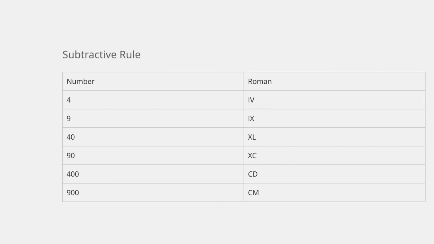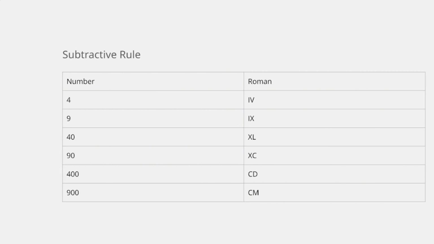Now let's think. If I give the number 58, how will you form the Roman numeral? At first you will take the biggest possible value, right? 58 is bigger than 50, so we take L. Now the remaining is 8. 8 is bigger than 5, so we take V. The remaining is 3, so we use three times I. Our final answer will be LVIII.